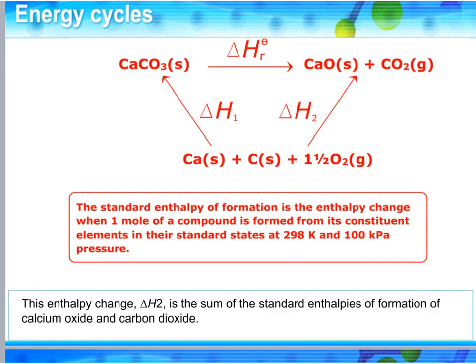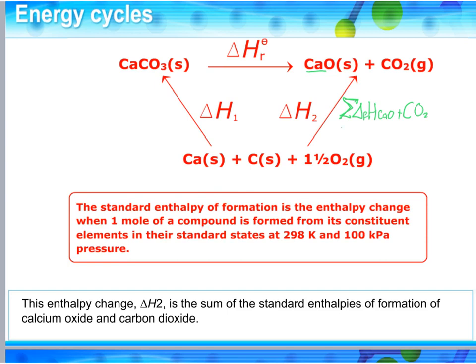If we now look at the other enthalpy change, this is the enthalpy change 2. These are the products. This one here is the sum of the enthalpy of formation of calcium oxide and carbon dioxide. This symbol here means adding those two together.